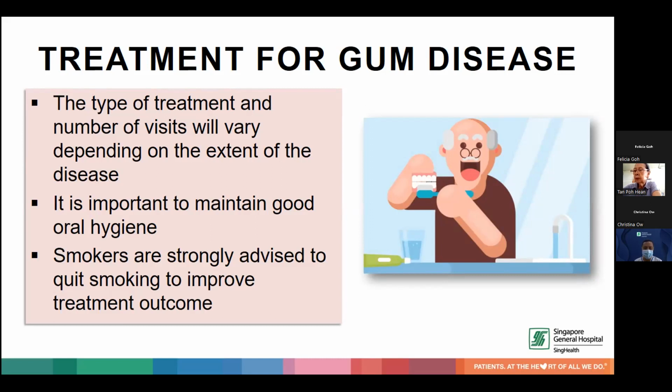It is important to maintain good oral hygiene. Smokers are strongly advised to quit smoking to improve treatment outcome. If you are a smoker, you may first want to reduce the number of cigarettes, and then eventually, hopefully, you can stop totally.